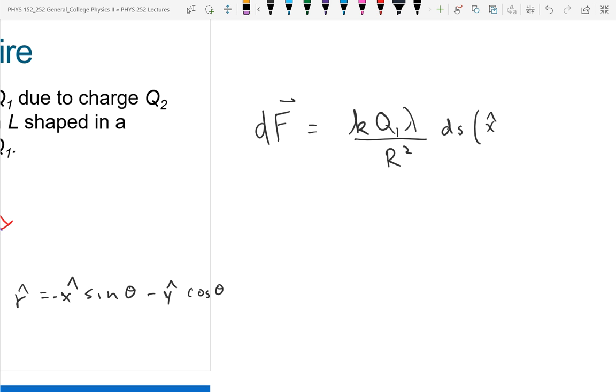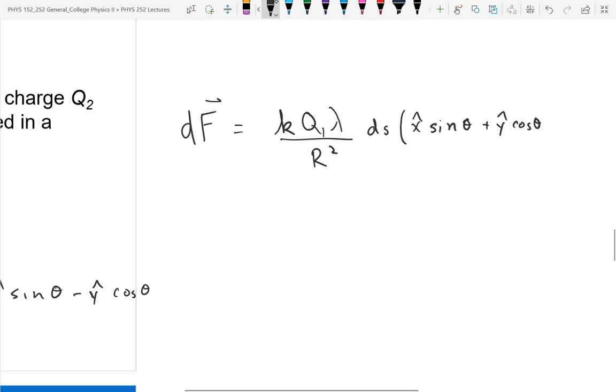You know how I know I have a sign error? Because I should have negative for, anyway, x hat sine theta. I kept myself consistent with the signs I had. Maybe they'll come out and I didn't have an error. I just made a mistake in thinking I had an error, but here's what we have. df has this equation, variable s here, variable theta there.